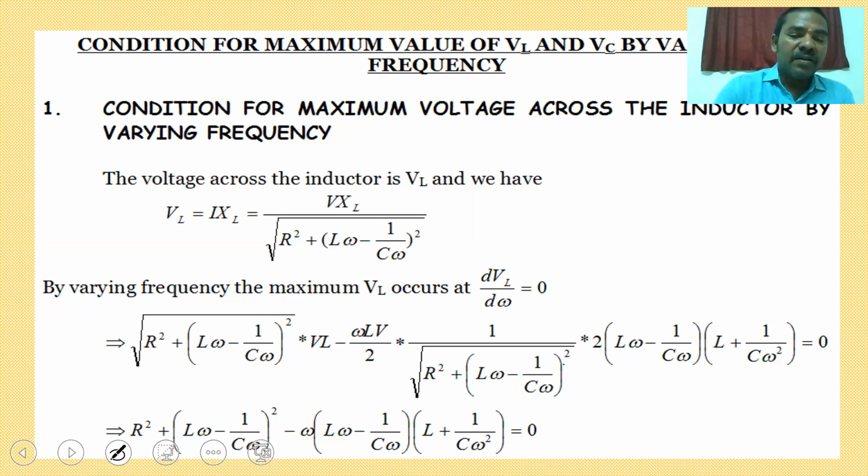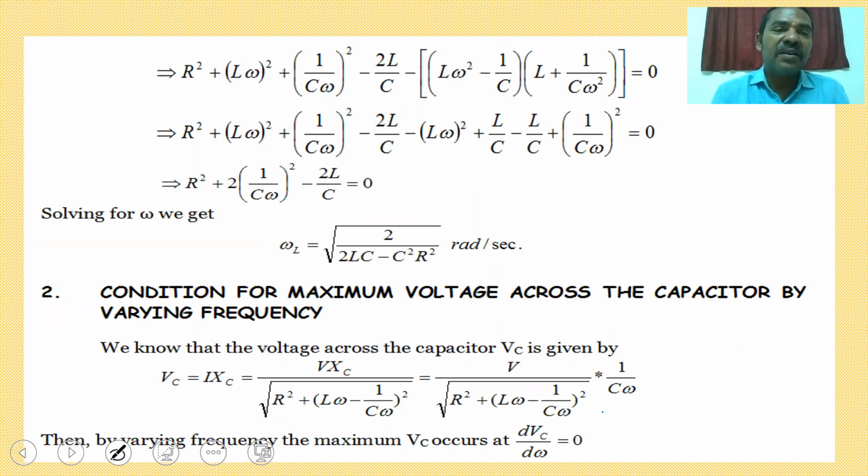So finally you are getting R square plus (L omega minus 1 by C omega) whole square minus omega into (L omega minus 1 by C omega) into (L plus 1 by C omega square) you can get. So then after going for the simplification, R square plus L omega square plus 1 by C omega square minus 2 L by C minus L omega square minus 1 by C into L plus 1 by C omega square is equal to 0.